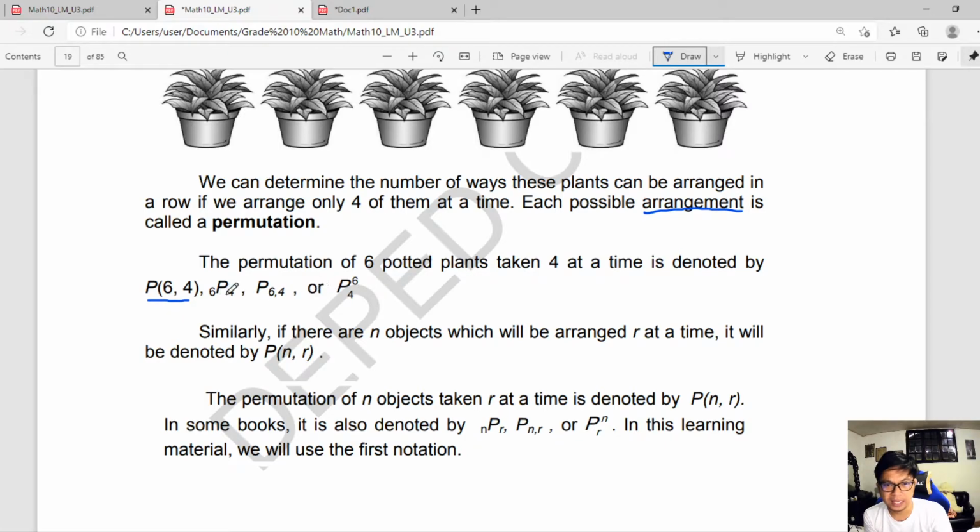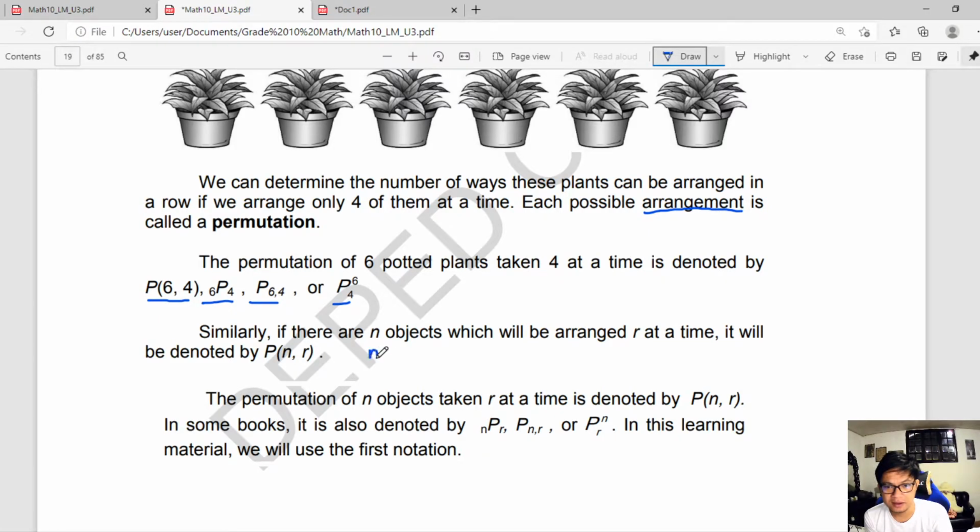Similarly, if there are n objects which will be arranged r at a time, it will be denoted as P of n taking r at a time.